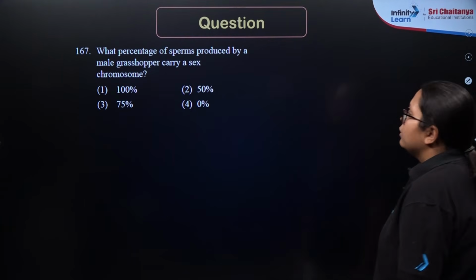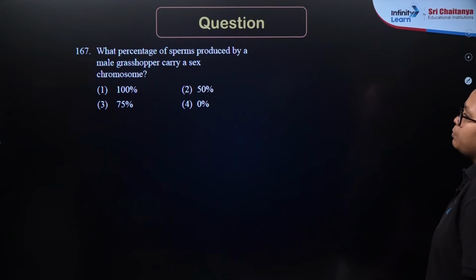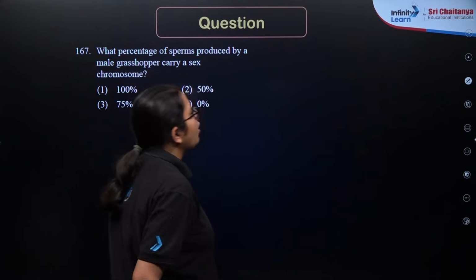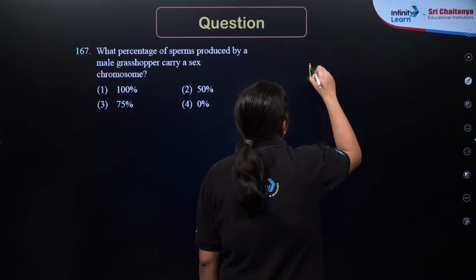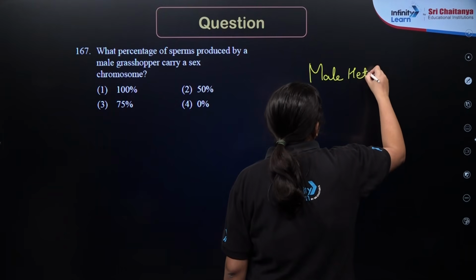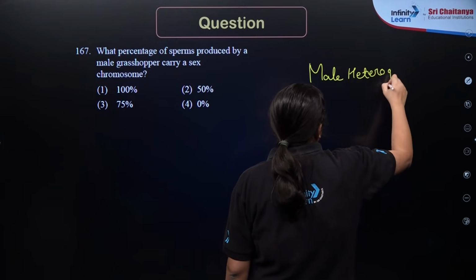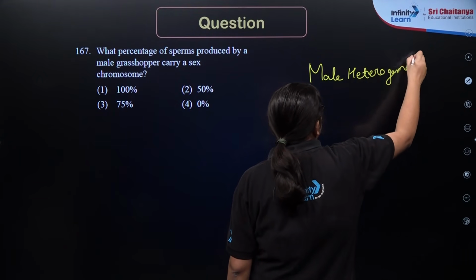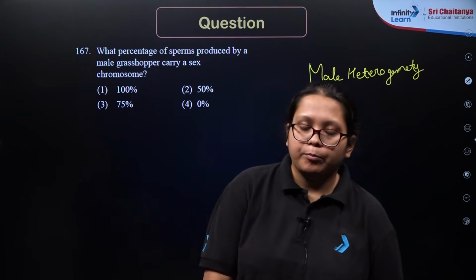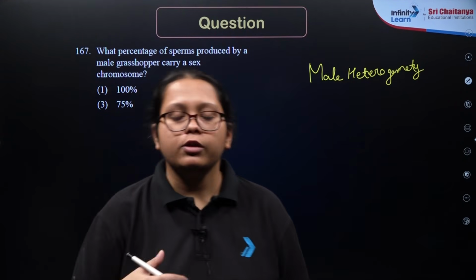Okay. What is the percentage of sperms produced by male grasshoppers carrying a sex chromosome? So in male grasshoppers, we have something called male heterogamety. Same as in humans and in Drosophila, where male will produce two different types of gametes. In human, male is XY, in Drosophila also XY.